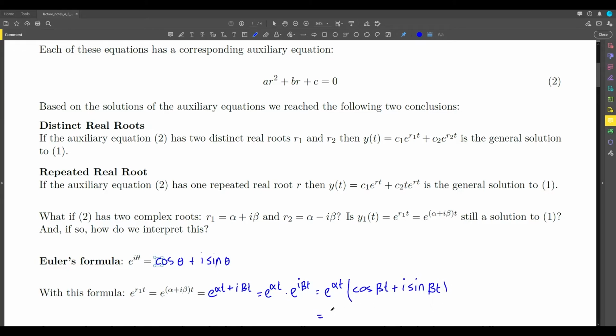And I can distribute that e^(alpha t), and I get e^(alpha t) cosine beta t plus i e^(alpha t) sine beta t.